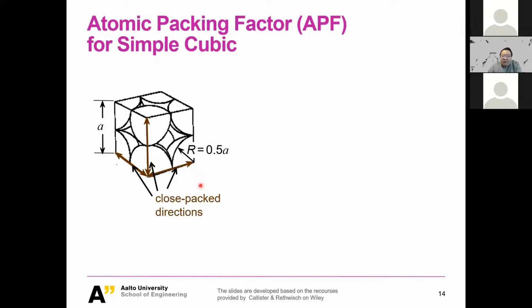Now we need to work on the upper part. So what is the volume of the atoms? First, as we said, we need to get the number of atoms in such a simple cubic cell. I think everybody could already imagine it. I will not ask. It is one atom. Why?